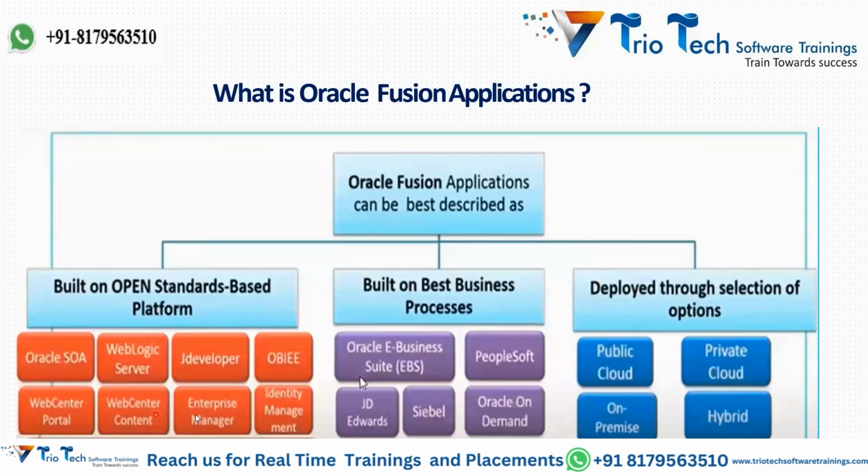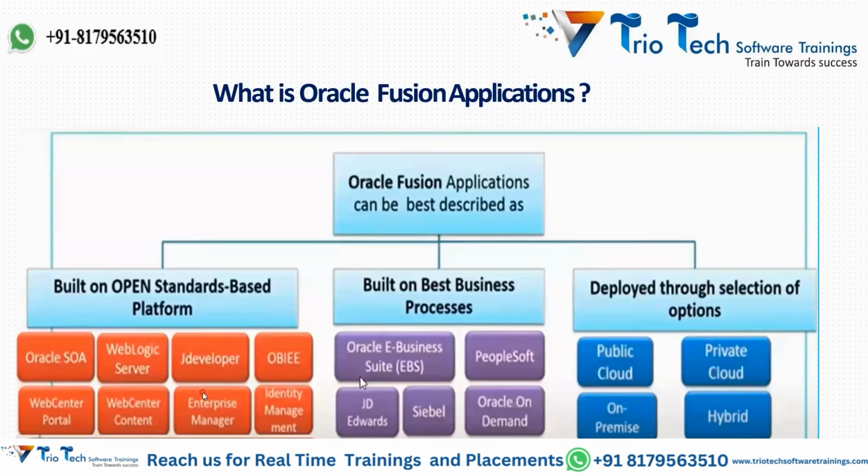Whatever you are seeing in the PPT here, Oracle SOA (service oriented architecture), WebLogic server, JDeveloper, OBIEE, WebCenter portal, these all are different technical tools available in the market. So the backend of Fusion applications is built by all these technologies.